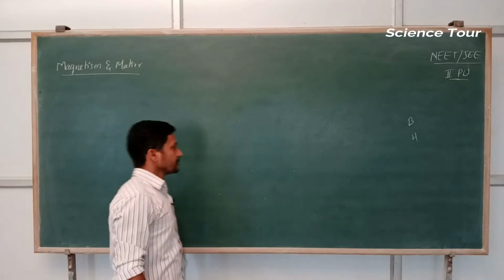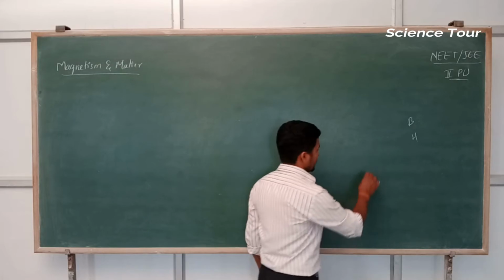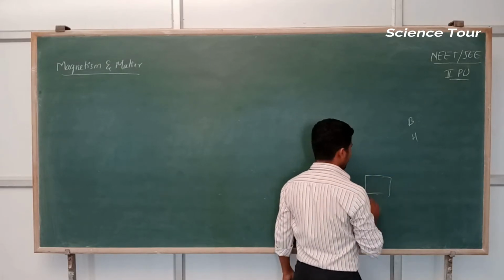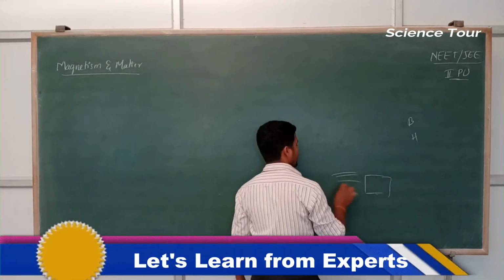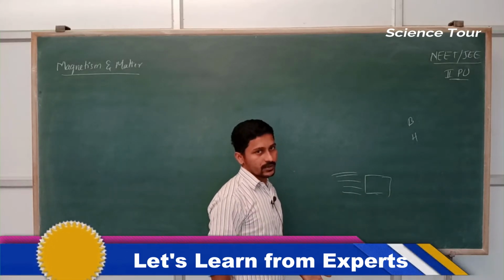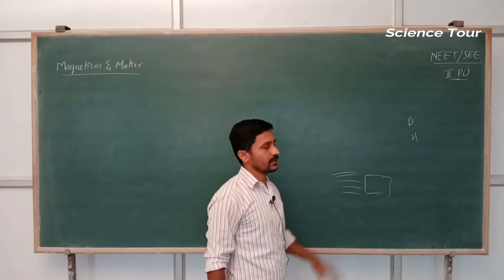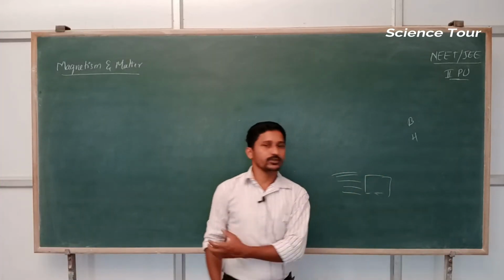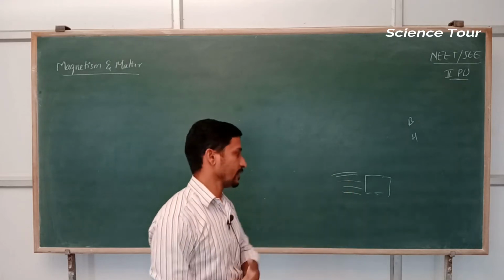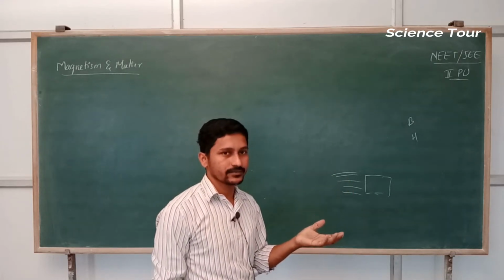If any material is there and you apply some magnetic field to it for 10 or 15 seconds, and then remove it, what magnetic field lines are present in that?